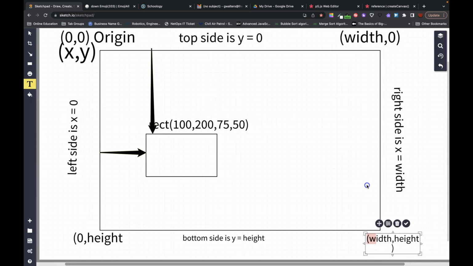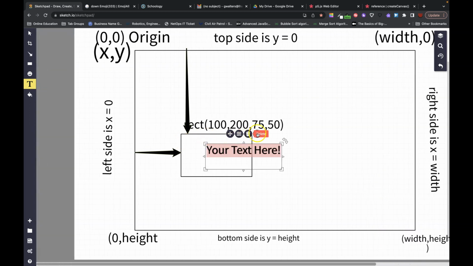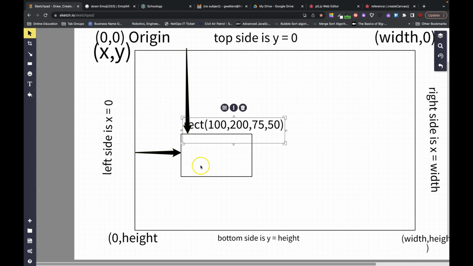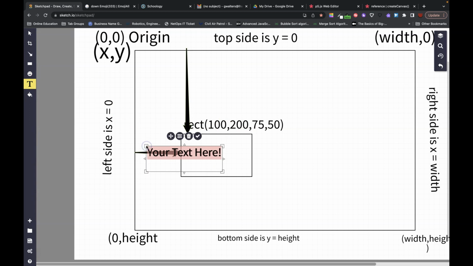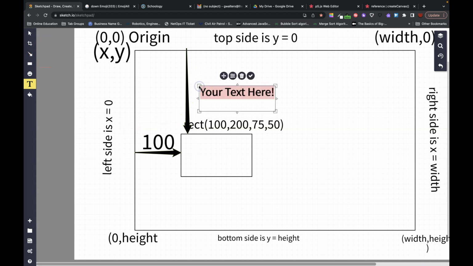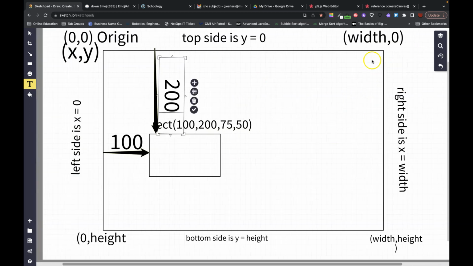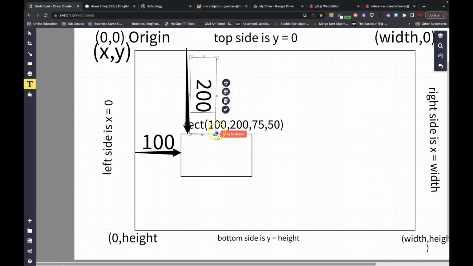This rectangle right here is 100 by 200, because it's going 100 over from the left side, and then 200 down from here. If I wanted it to be built from, say, the right side, all I have to do is use those built-in variables for that to work.